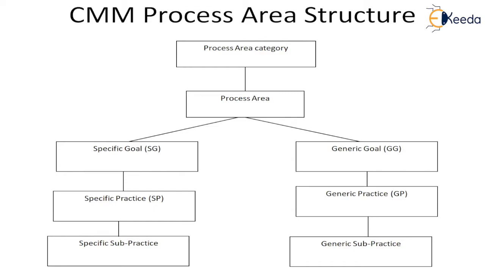Similarly, you will have generic goals, generic practices, and generic sub practices. So if, let us say for a process area category, you have 10 process areas, then you will have 10 such goals, and for each process area, you will have 5 generic goals. We will see how it is done.